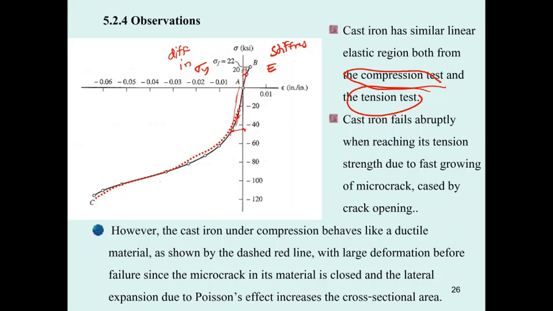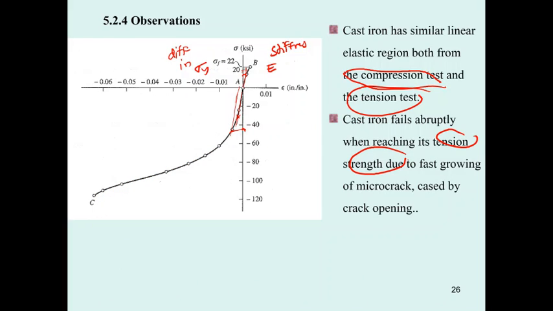And cast iron fails abruptly when it reaches its tension strength. Why? Because cast iron has carbon inside it. At the contact points between carbon and the steel there are some micro cracks. When you put it in tension, the micro cracks open very fast, the area that resists the tension is reduced, and it fails abruptly.